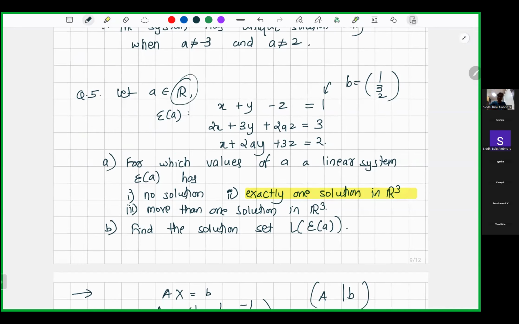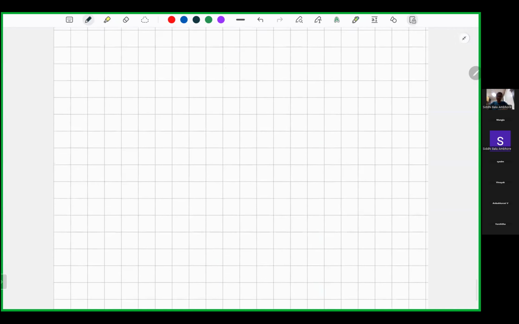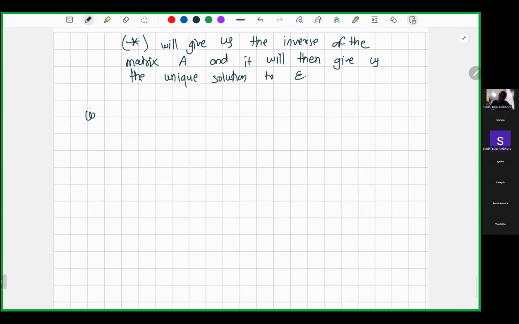So let us see. Only two conditions are left. Let us start with A equal to 1 because it's easy to calculate. This is 1, 1, minus 1, 3, sorry, 2, 3, 2, because 2 into A, but A was 1, so it is 2.